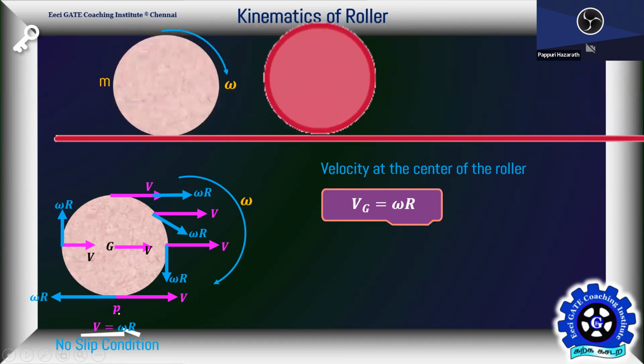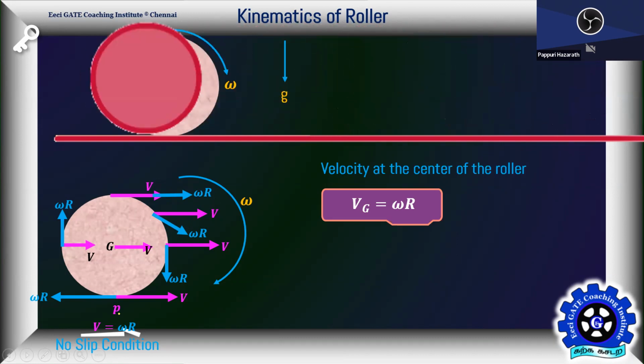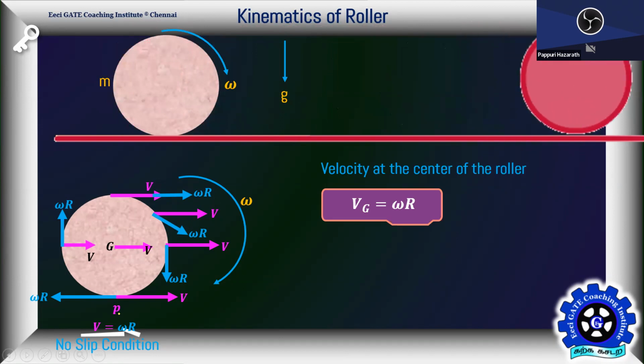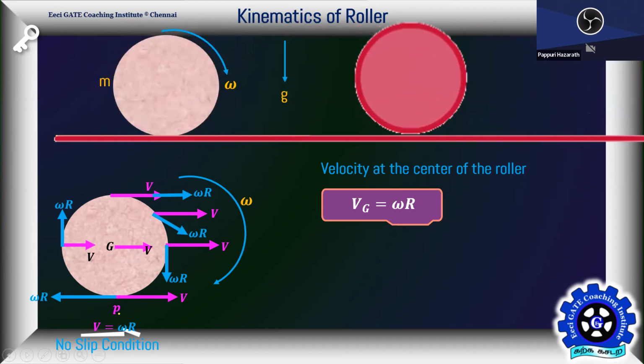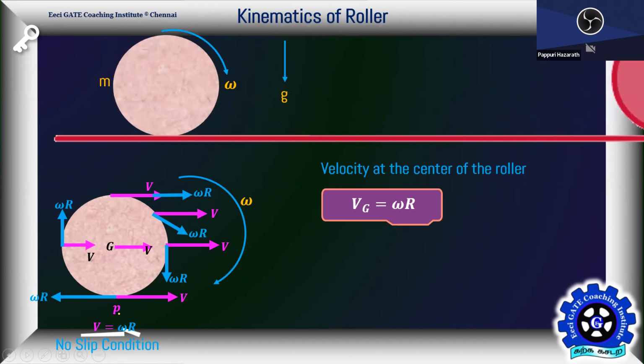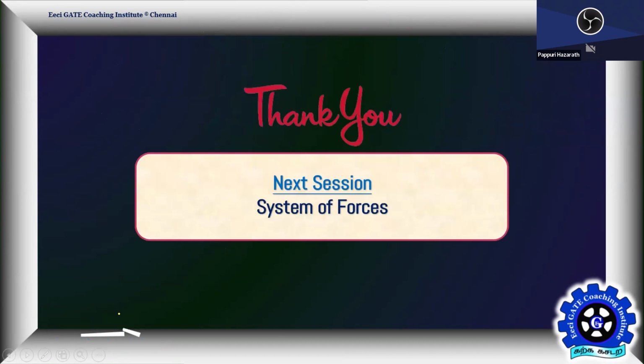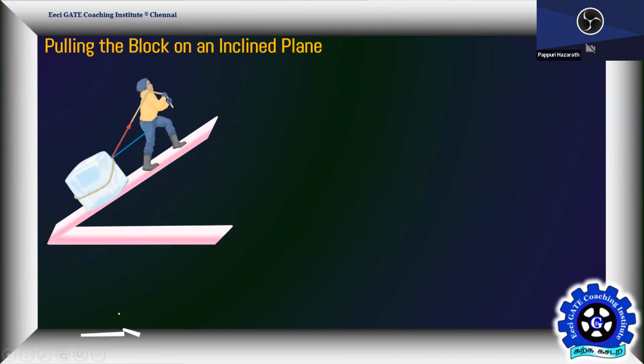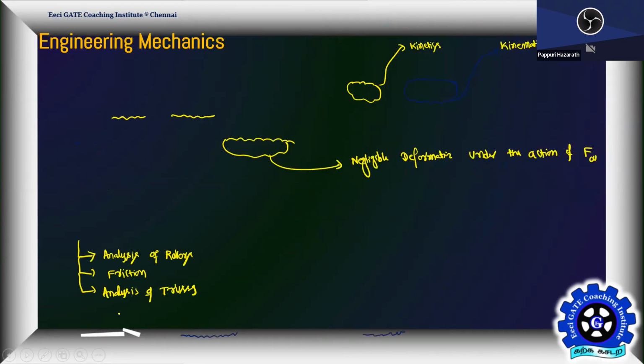Translational kinetic energy, rotational kinetic energy, that part will be coming. I think I am done. This is all about some introduction to engineering mechanics. Next class, we can discuss the system of forces. Just have a look at the entire session, what are the things we discussed? We can close it.